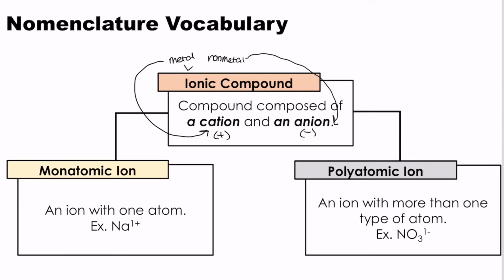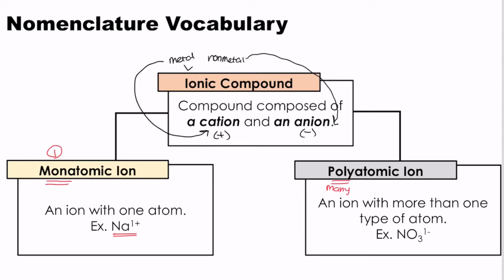Okay, and those 2 charges, so an ion can be either a monatomic ion. So as you know, the word mono means 1. So if there's only 1 atom, like sodium ion right here, this is considered a monatomic ion. Or that ion that the ionic compounds are made of, it could be a polyatomic ion. And as you know, poly means many.